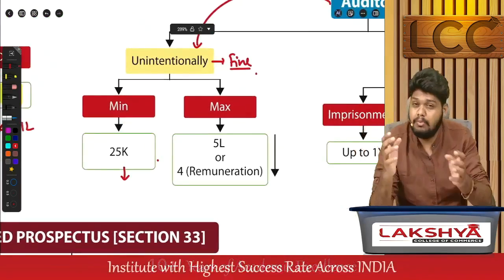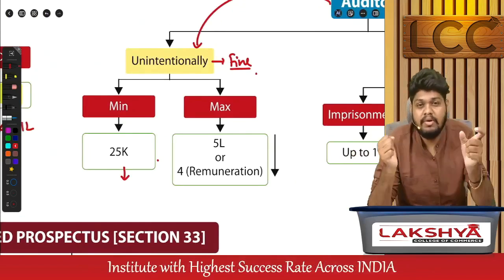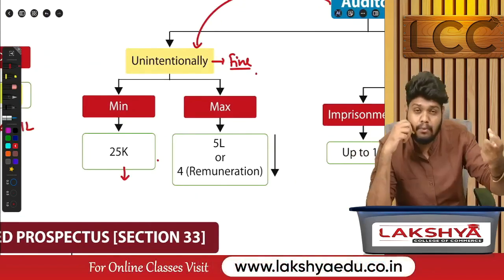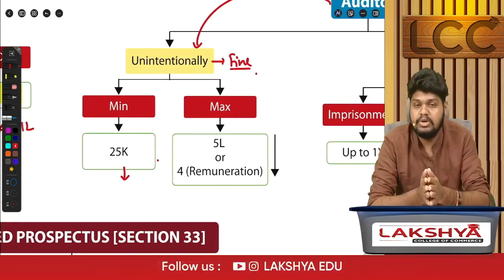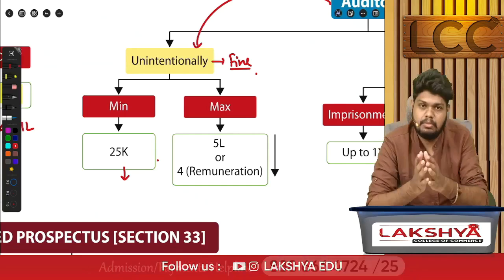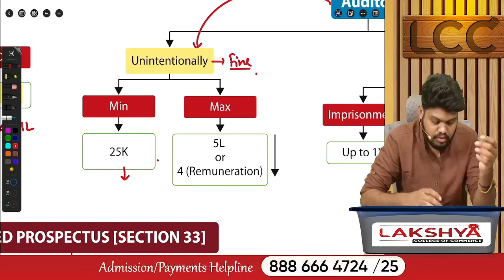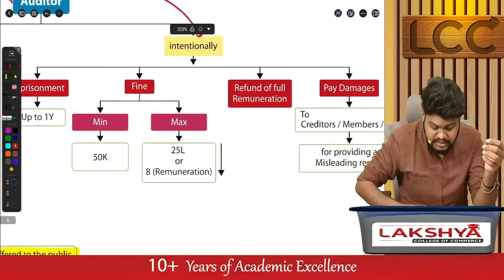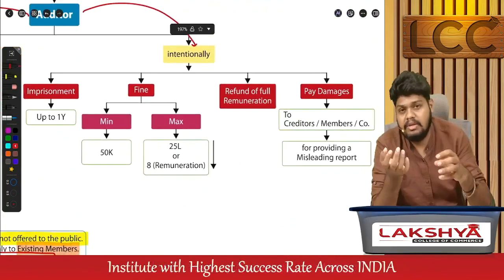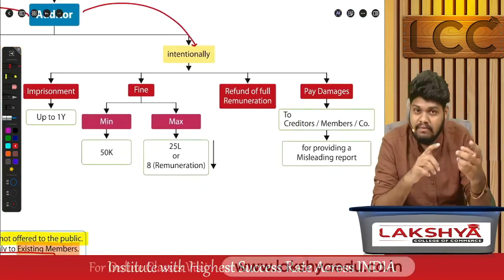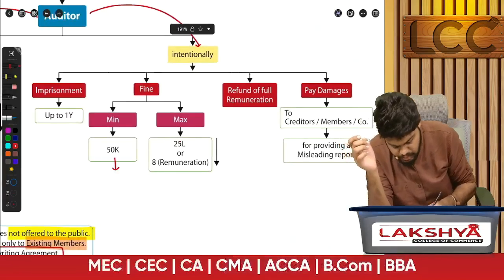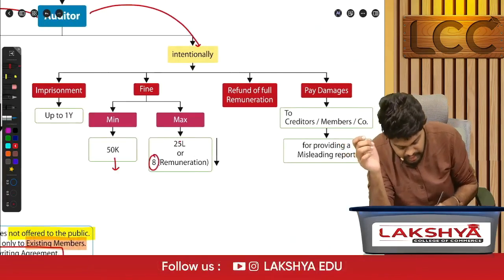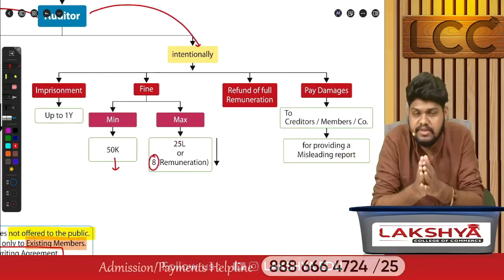Coming to the unintentional part, fine. A fine of minimum 25,000 to a maximum of 5 lakhs or 4 times the amount of his remuneration, whichever is lower. What is this? 5 lakhs or 4 times the amount of remuneration, whichever is lower. Coming to the second part, if it is intentional in nature, it will be imprisonment up to 1 year, fine of minimum 50,000 to a maximum of 25 lakhs or 8 times the remuneration, whichever is lower.